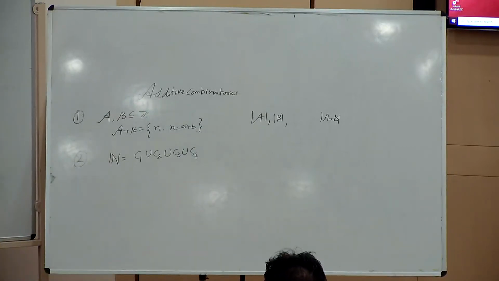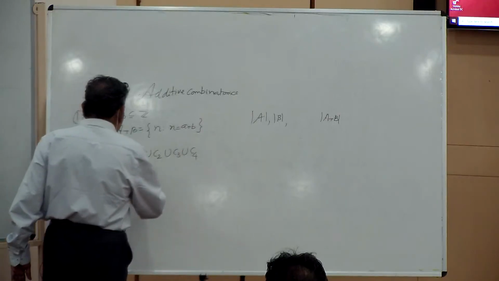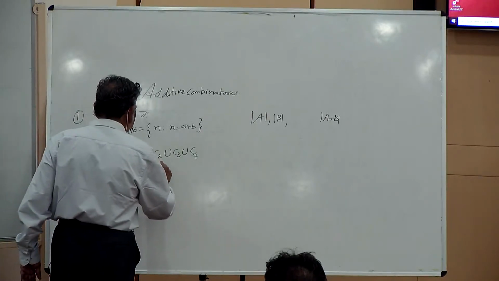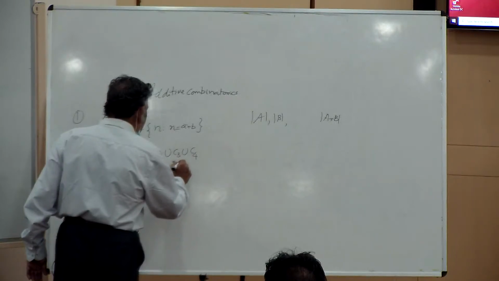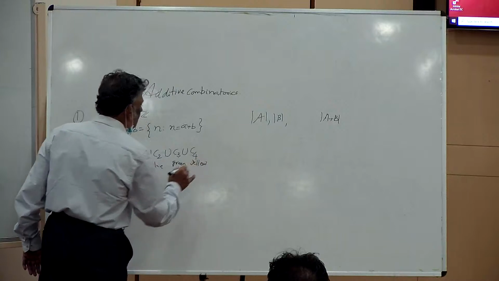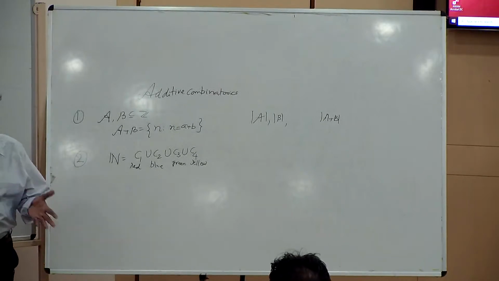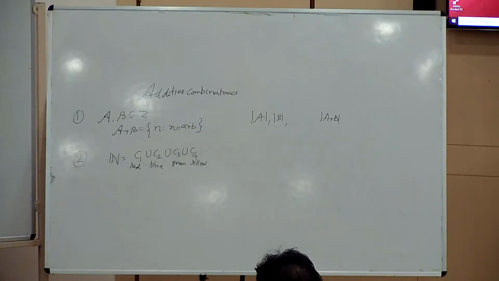As Professor Adhikari has written in one of his books, we can look at a colorful picture: all the elements of C1 I color red, C2 blue, C3 green, and C4 yellow, which means that I have colored all the natural numbers. It is a disjoint union; we give only one color to each number.